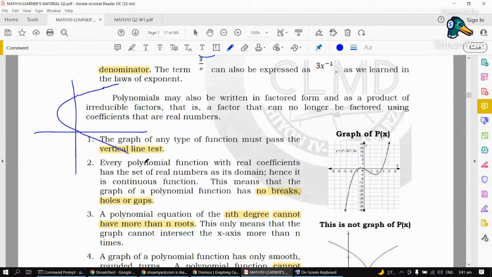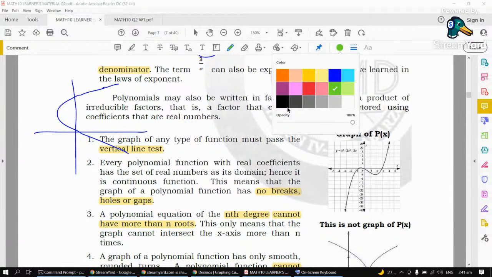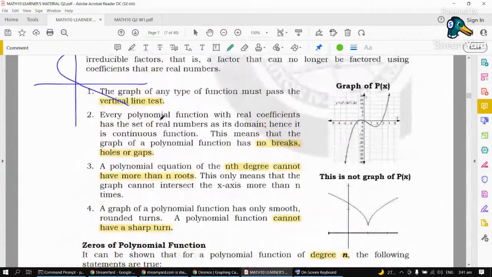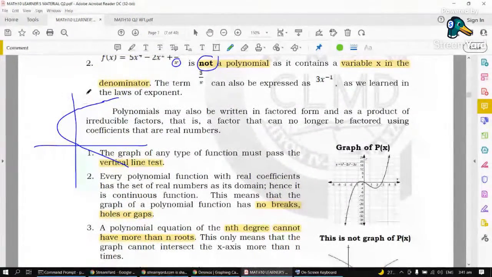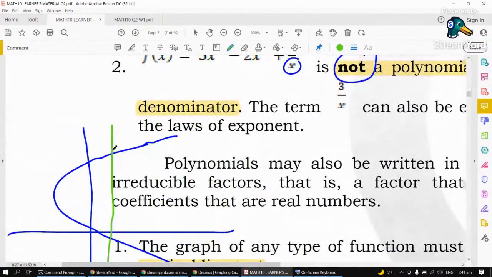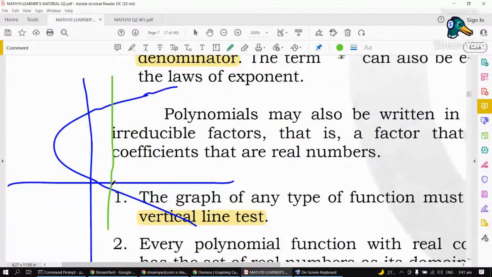So that's not a function because pag nag-drawing ka ng vertical line test dito, mapansin natin yung isang point tumama dun sa isa pang point.